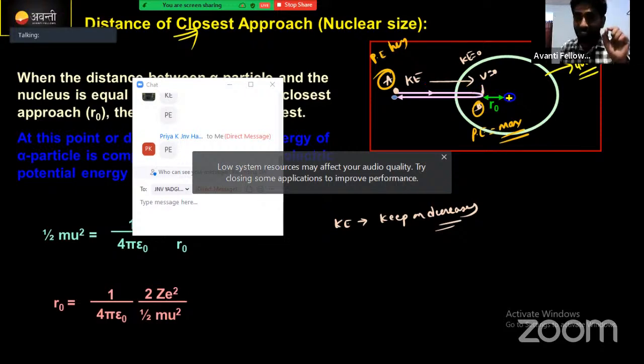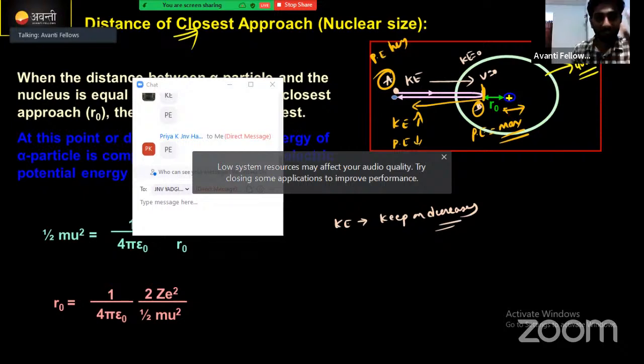After reaching this point, the particle will start to move in the opposite direction. Now kinetic energy is increasing and potential energy decreases again. Why am I telling this? From this concept only we are going to evaluate the value of the distance of closest approach, R naught.